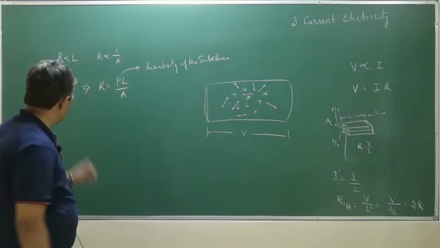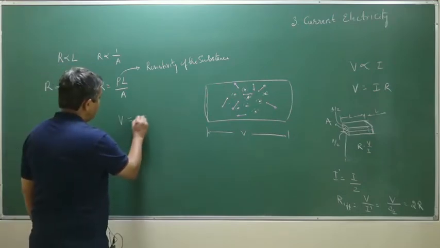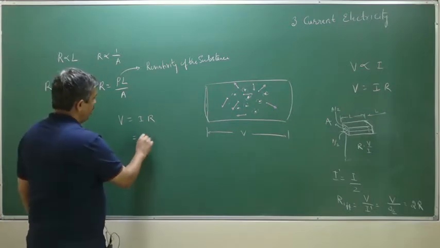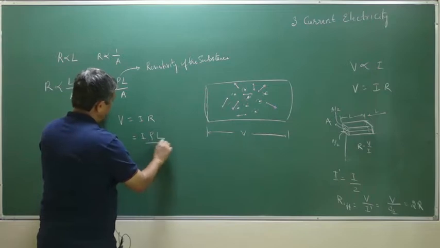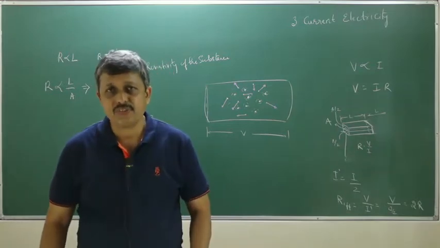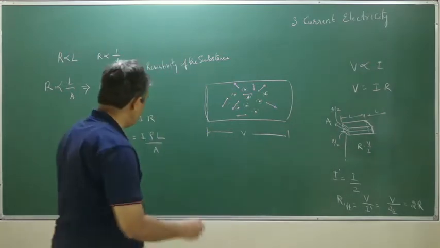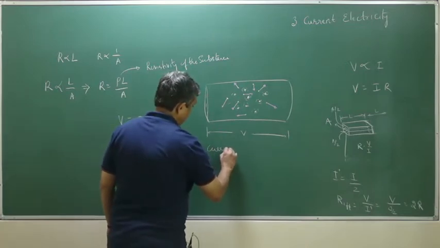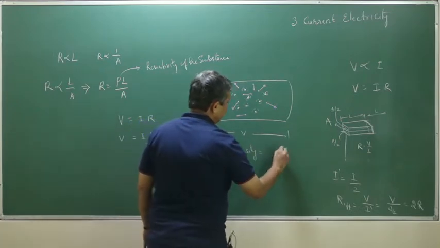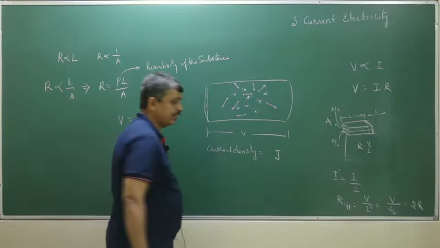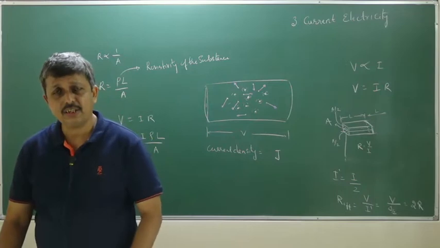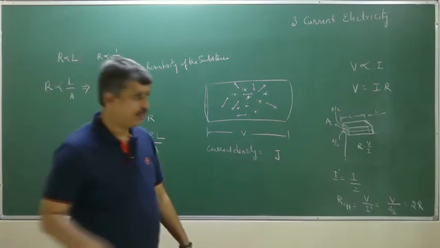Suppose I write V is equal to IR, which is our Ohm's law, and R we have figured out here is rho L by A. So we have another parameter which we call current density, and we use the English letter capital J for it. It is nothing but, as usual, density, but in this case it is divided by the area, not the volume.